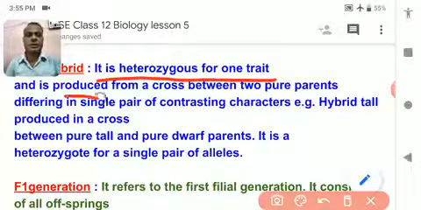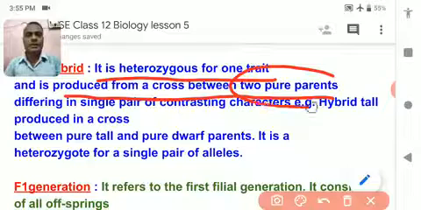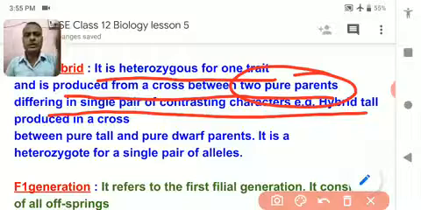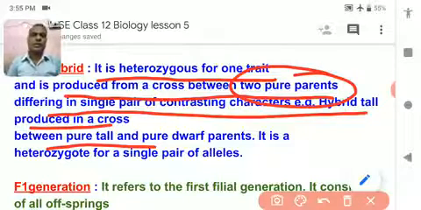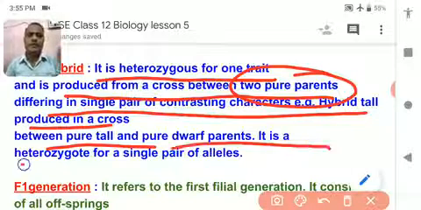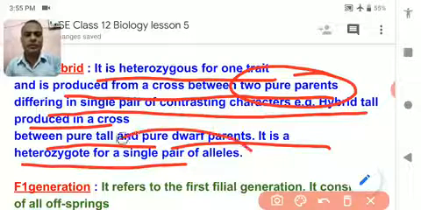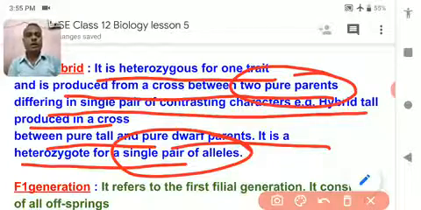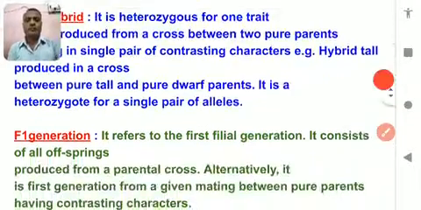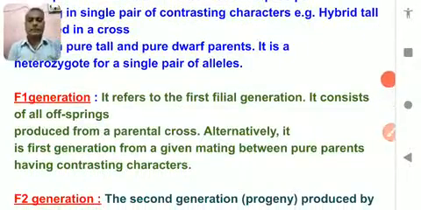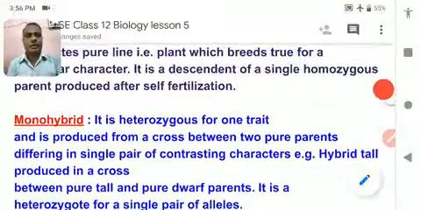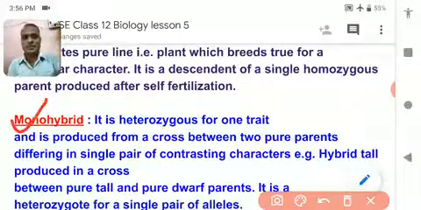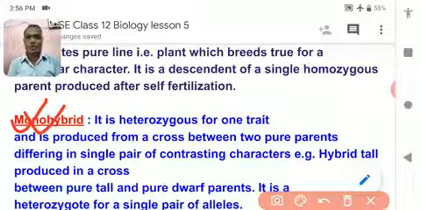It is produced when a cross between two pure parents differs in a single pair of contrasting characters, that is, a hybrid tall produced by a cross between pure tall and pure dwarf plants. It is heterozygous for a single pair of alleles. Understood? I will make you understand about monohybrid in the next class, because in the next class I am going to explain this term in detail. So do not worry about that.